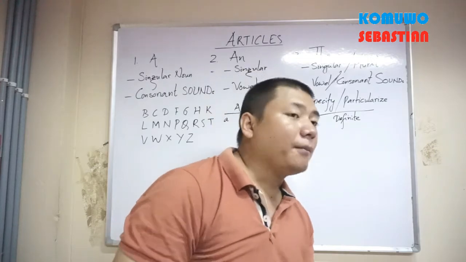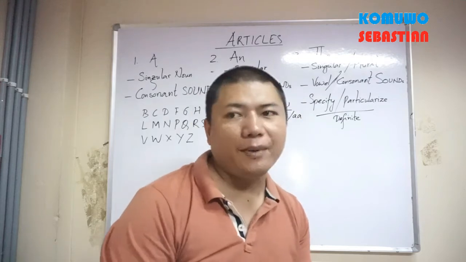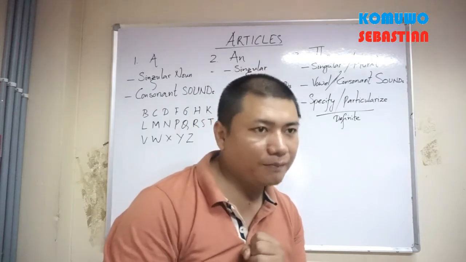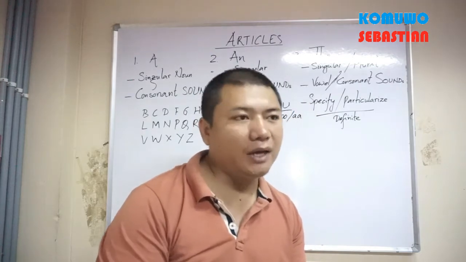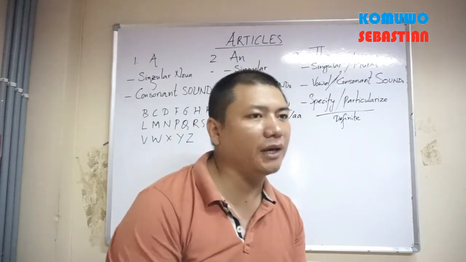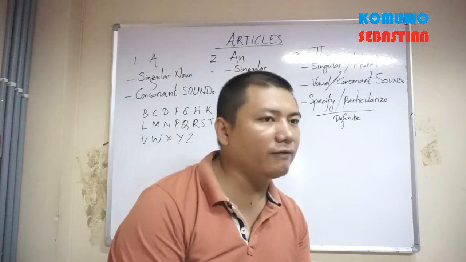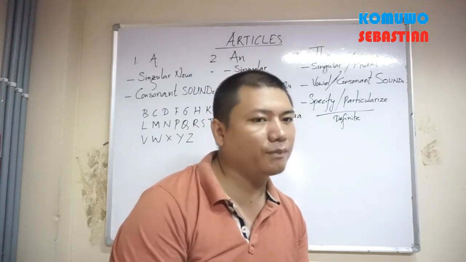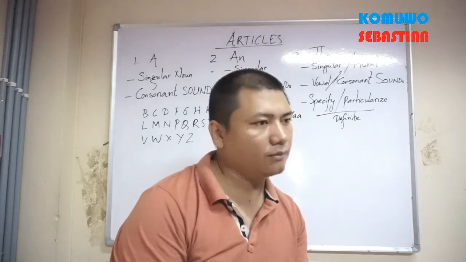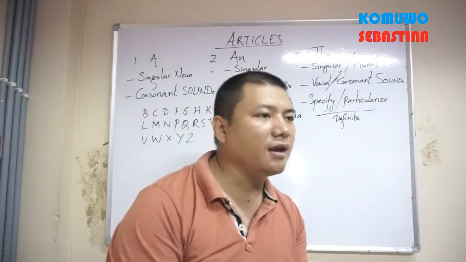A proper noun can be the name of a person or the name of a place. It can be a country, a city, a province, a village, or a town. We do not use the or a. For example, Hyderabad. Right now we are in Hyderabad. We cannot say the Hyderabad.